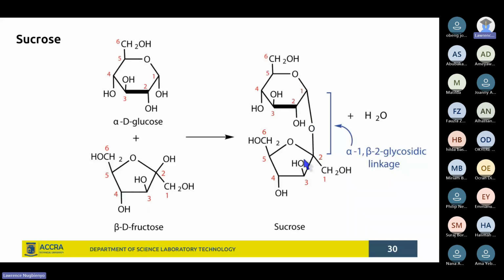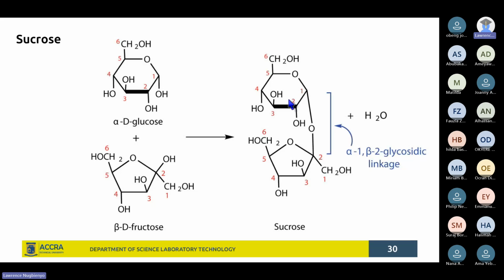Now, I want you to pay attention to this structure. Usually, you've been seeing carbohydrate molecules with glycosidic bonds formed between the carbon number 1, and if it was another glucose molecule, it would be carbon number 4, which is usually the 1,4 glycosidic bond that you refer to.